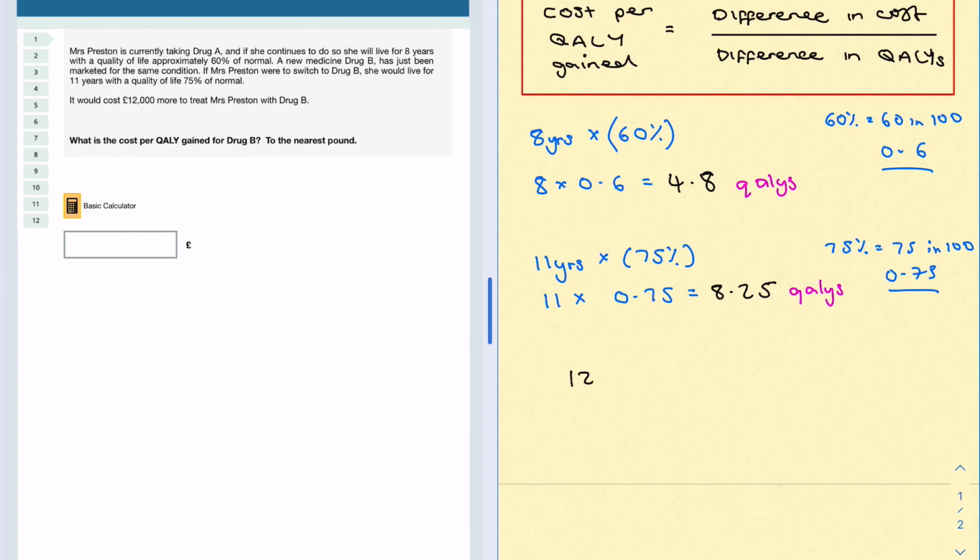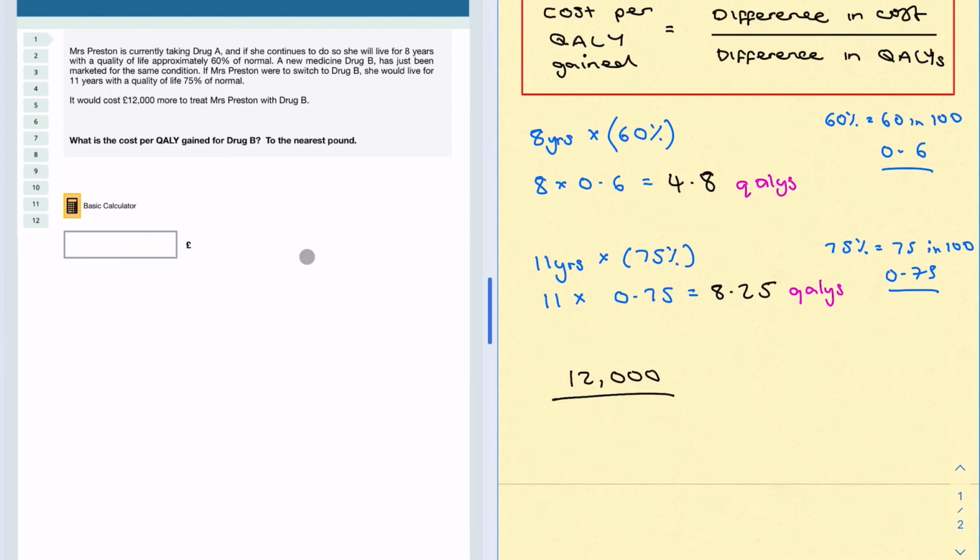We don't need to calculate that part, it's 12,000. Had they said treatment A cost £1,000 and treatment B cost £12,000, we would have done 12,000 minus 1,000 to give us 11,000. But in this question it says it would cost £12,000 more.